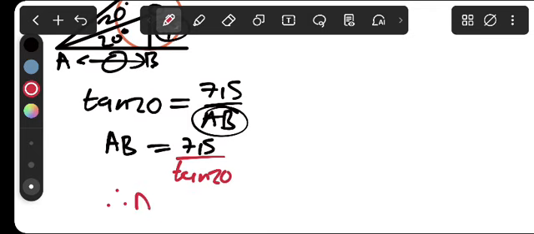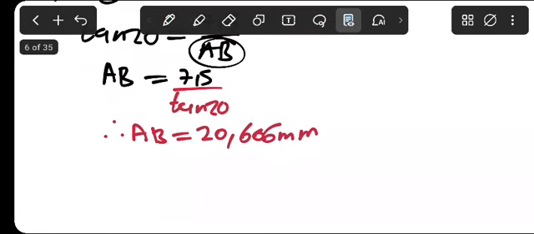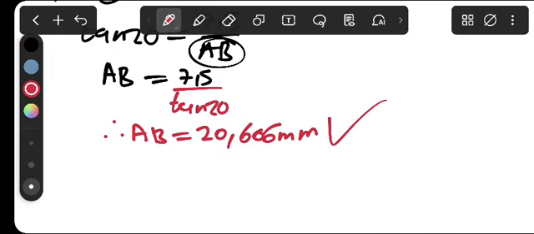Therefore our AP will be equal to 20.606 millimeters. Then the radius, obviously, guys, is 7.5. So we're good to go.